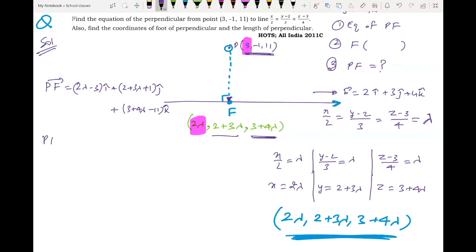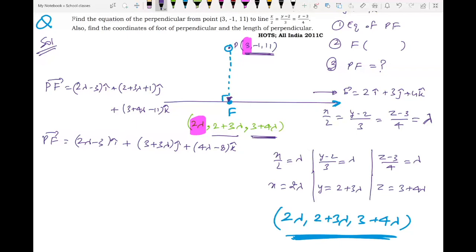So what is the PF vector? PF vector is nothing but 2 lambda minus 3 i cap plus 3 plus 3 lambda j cap plus 4 lambda minus 8 k cap. So this is basically the PF vector. Is there any doubt to anyone up to here?